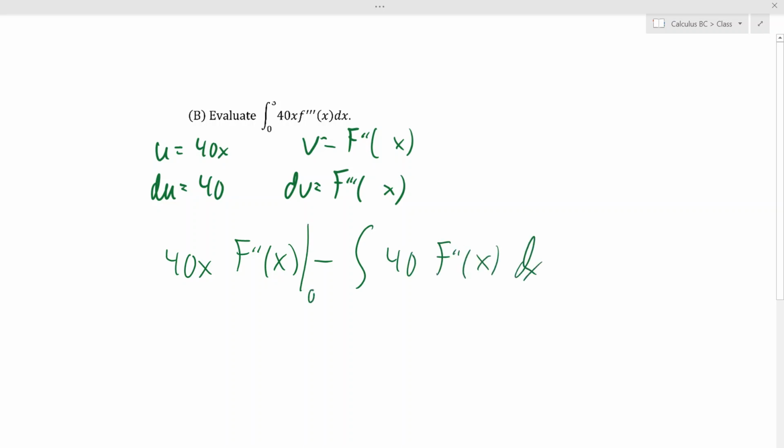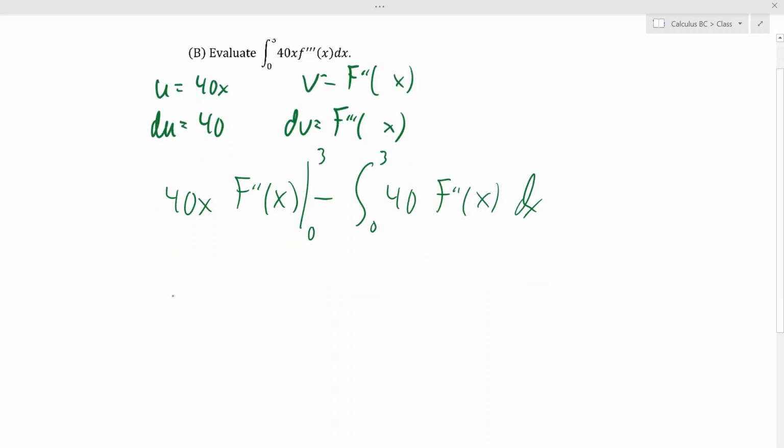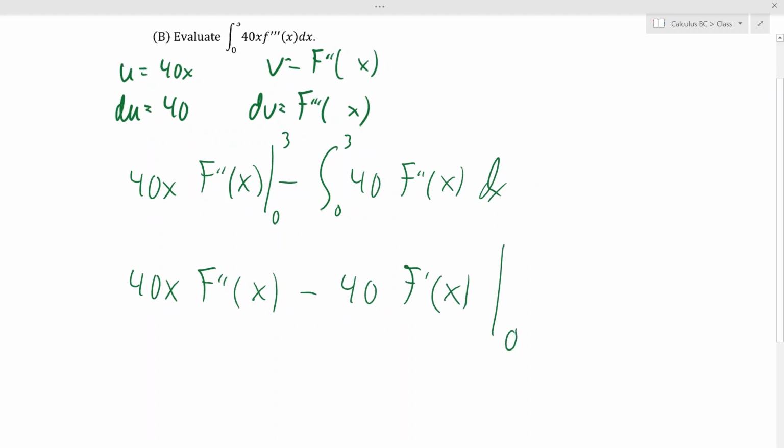And these are both still from 0 to 3, right? So this first part again is 40x times f double prime of x. When you integrate 40 f double prime of x, you just get 40 f prime of x. And that's the whole integral. And that is from 0 to 3.